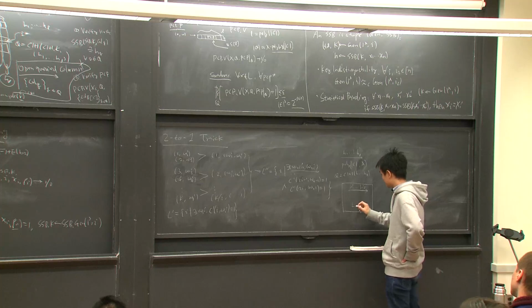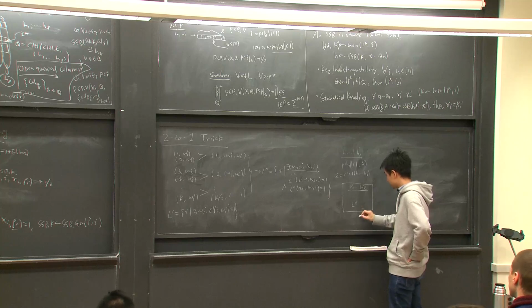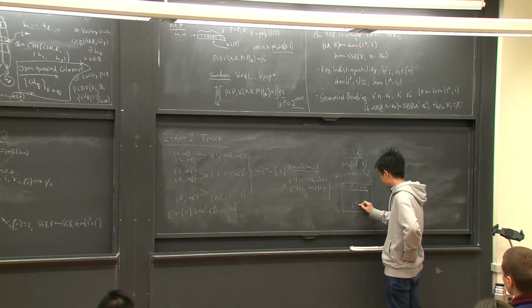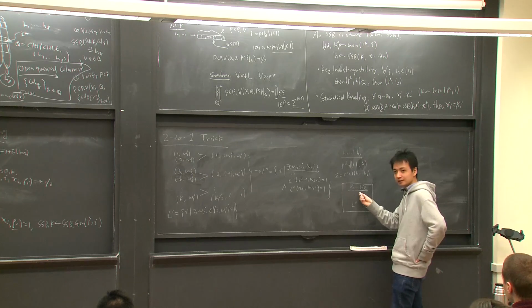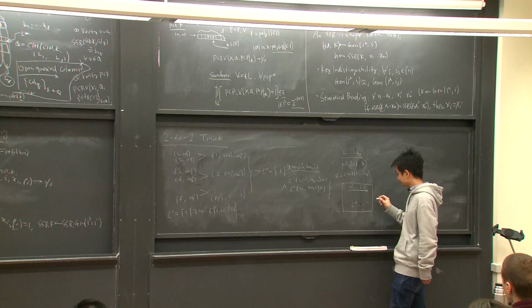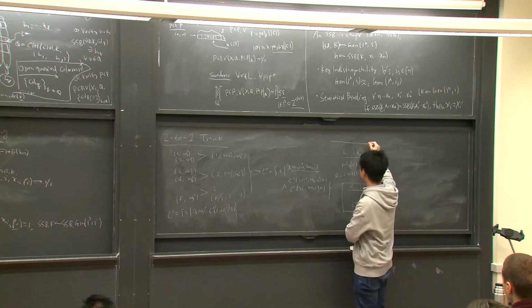Remember, this is the index BARG for L double prime, and it has the verification circuit C double prime. So what is the size of this message?